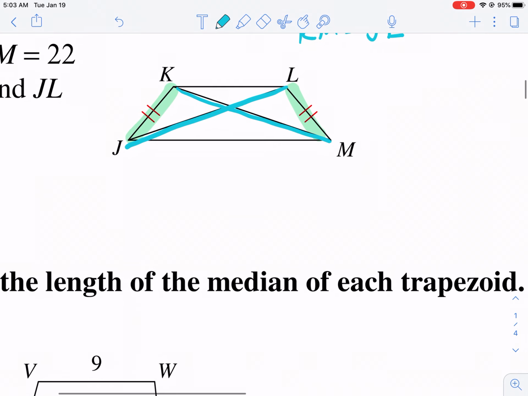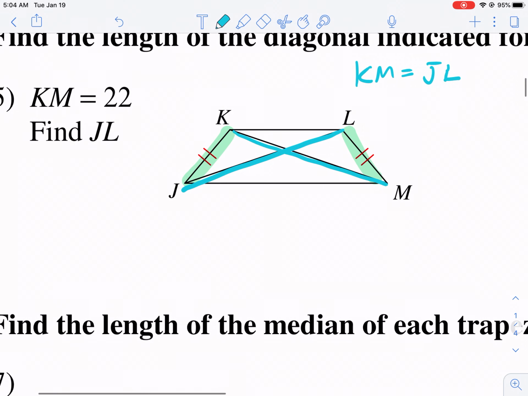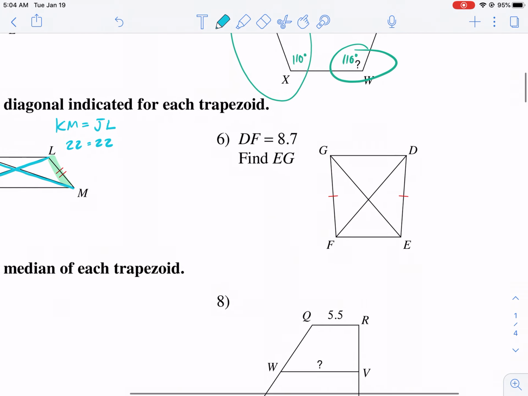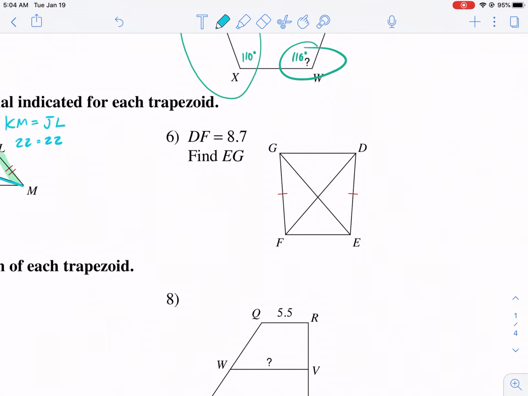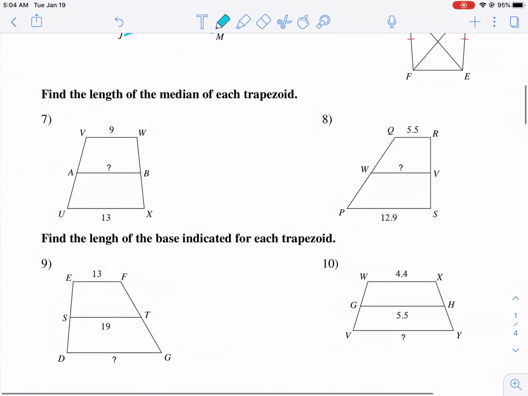Diagonals are the lines that cross through the inside to arrive at the opposite vertex. If we know KM is 22, that means JL is also going to be 22. Okay, DF equals 8.7, so EG is going to be equal to 8.7. That's fairly simple. The diagonals are congruent.